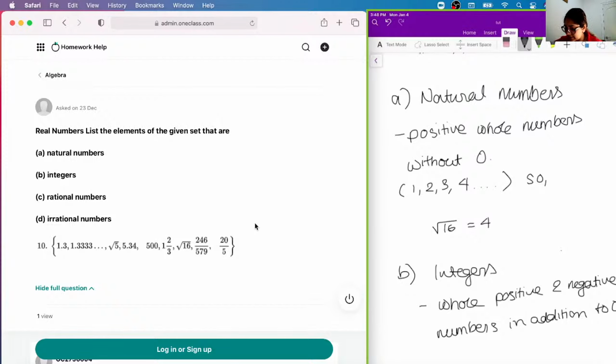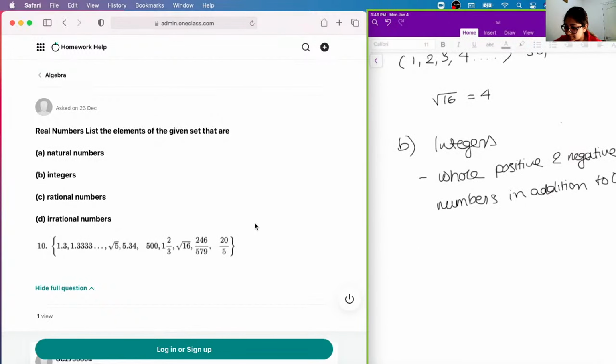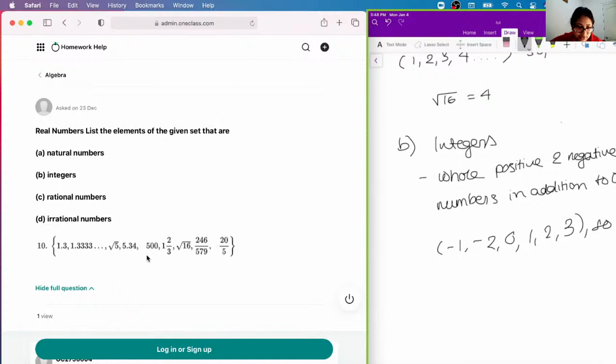So these are numbers like -1. So if we look here at our options, this is a -500. In this case, the integer would be -500.